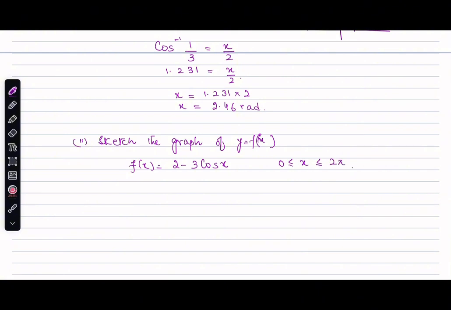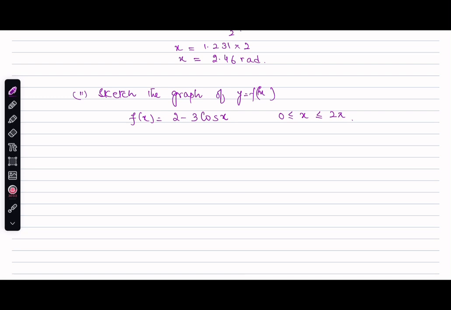Now to sketch the graph again, we have to look into some of the transformations, and what we can see here is that I have a 2 minus 3 cos of x. So again, this means this is going to be the mid-axis, and also it's the vertical translation with 0 and 2. Then here I am having a negative 3.